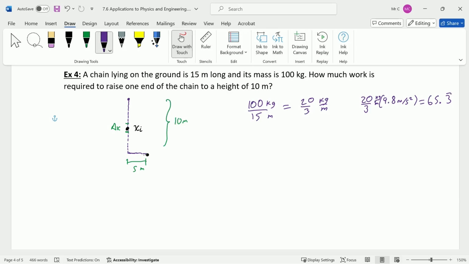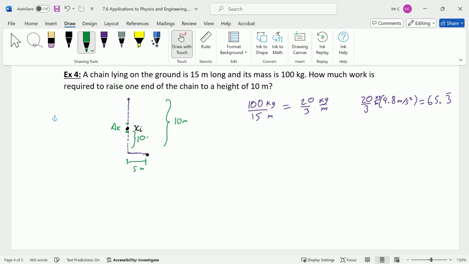Okay, so now I have to think about how much each portion lifts. That's the other complicated part here. Because the end of this chain, this very top point, had to lift the entire 10 meters up. But this x sub I only had to lift that shorter distance up. So each point on the chain isn't getting lifted as much. So we look at how much each one gets lifted individually. So if I took this x sub I, what's the distance that it's been lifted off of the ground?